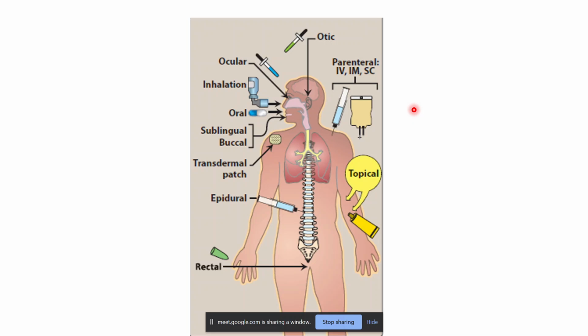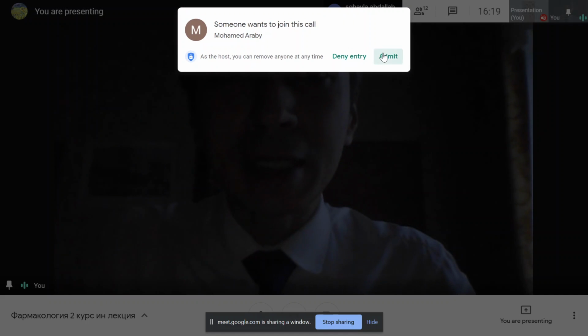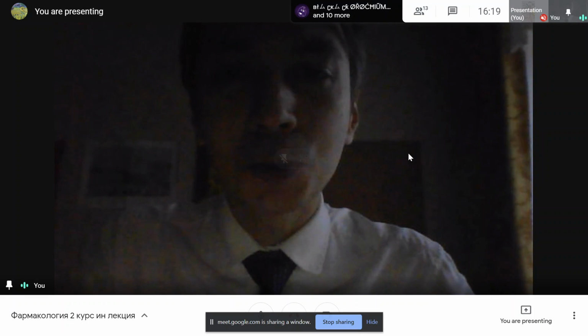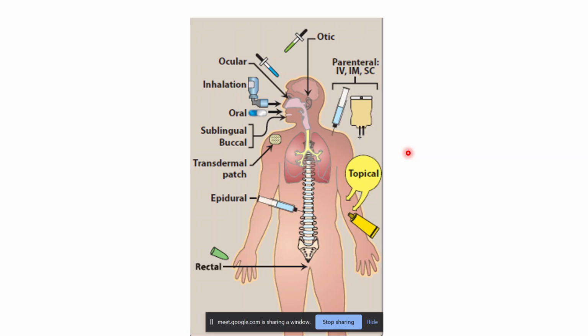Also some drugs that irritate the gastric mucosa can be protected by the coating, or the powder can be hidden in a capsule that dissolves only in the intestine.